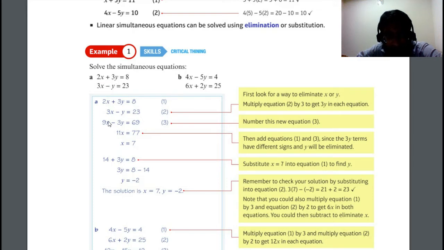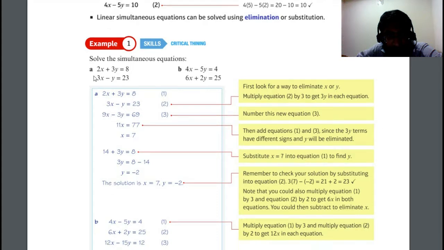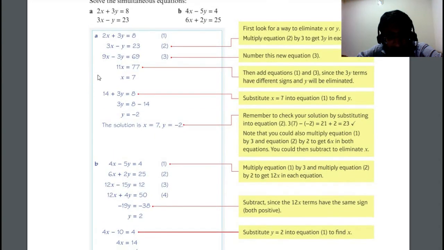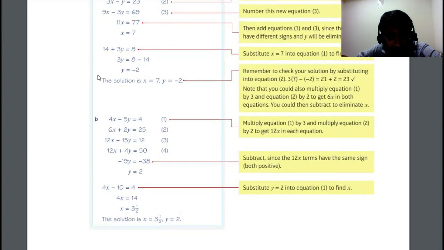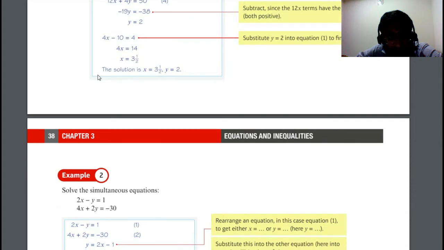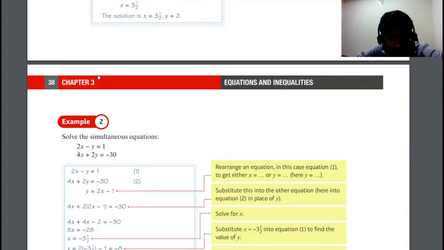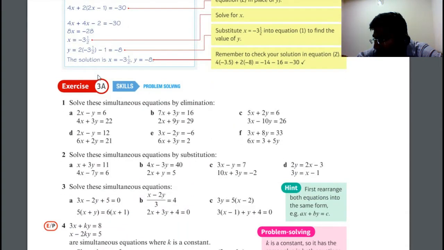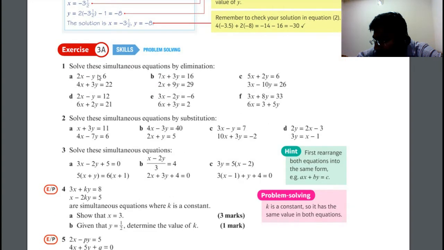And there are two methods: either eliminate, you make one variable at least equal by multiplying an equation with a number to make it equal to the other one, and the other thing that you can do is substitution. You know this, right? So they have done substitution and elimination, and if the question specifically mentions a method, you have to do it by that method.